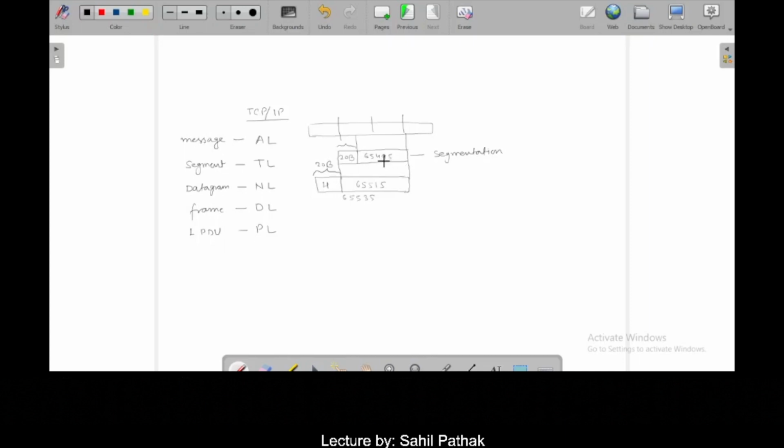The payload which comes from the transport layer to the network layer should not exceed 65515, so that the total size of the packet does not exceed 65535, because 65535 is the maximum possible value that can be present in the network header, or you can say the IPv4 header. So segmentation happens at the transport layer.